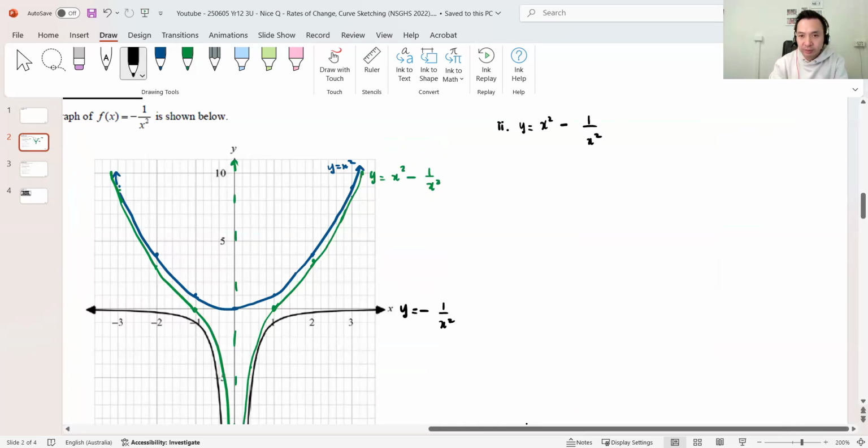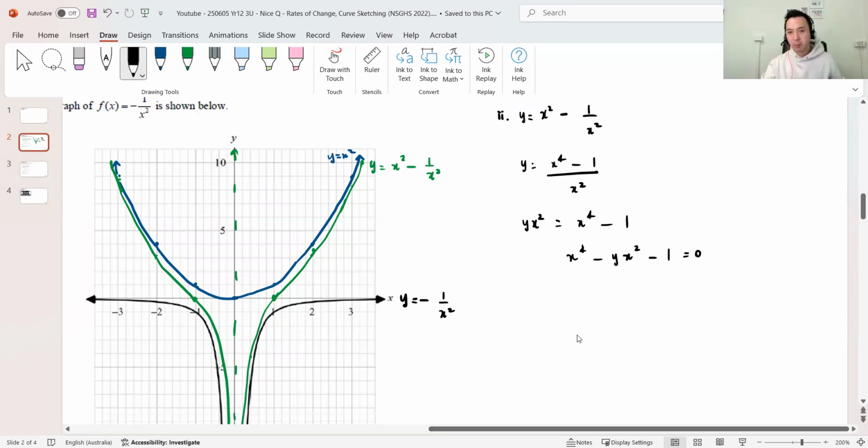Now, it feels like I'm going to common denominator it. X to the 4 minus 1. It's like solving a quadratic. Times that up, so y x squared equals x to the 4 minus 1. So bring the y x squared over. Treat y like a constant for now, and I'm going to solve this quadratic.